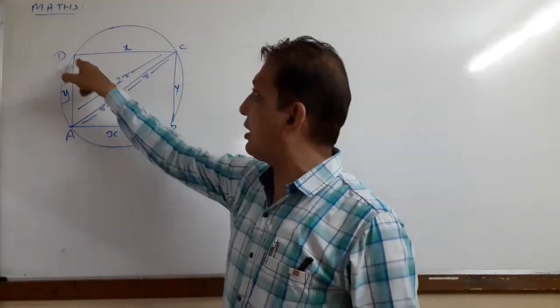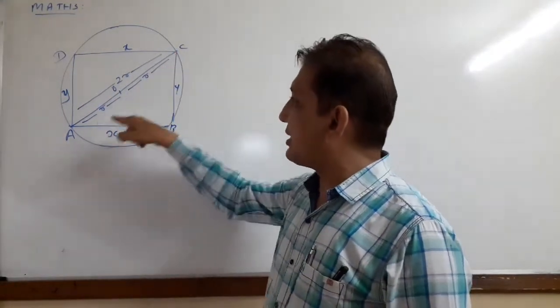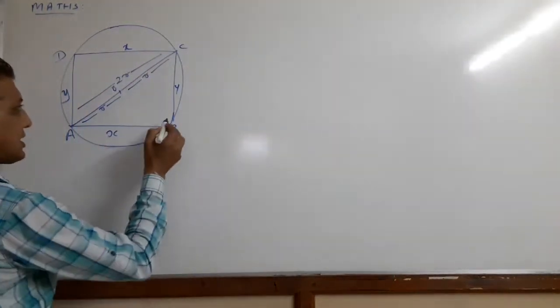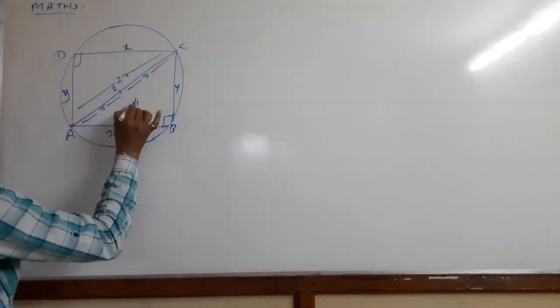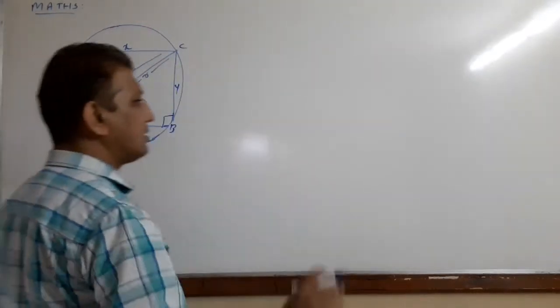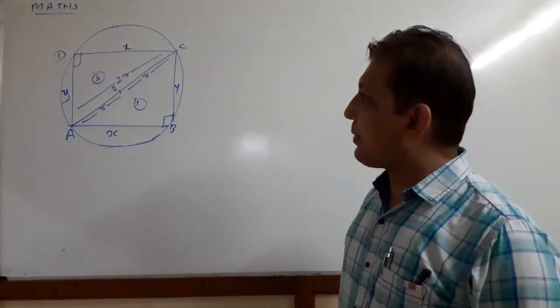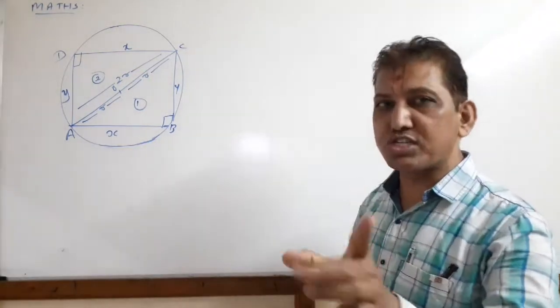If you join diagonal BD, then angle C is also 90, angle A is also 90. So by the 9th and 10th standard theorem, there are a total of 2 right angle triangles. You can apply the Pythagoras theorem in any one right triangle.